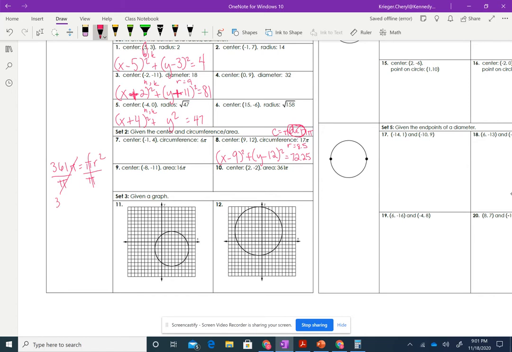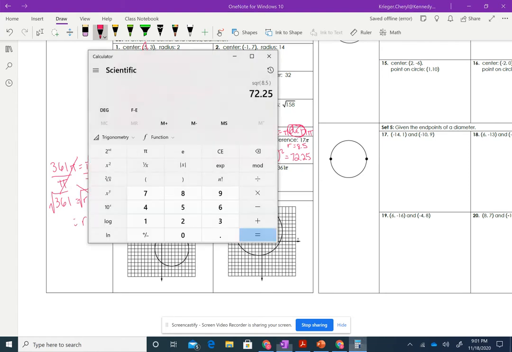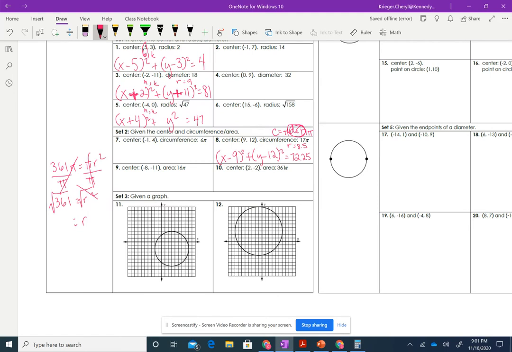I'm left with 361 = r². And then we know that to get r by itself, we take the square root of both sides. So r equals the square root of 361. I'm pretty sure that is 19, but we'll just double check. 19. r is 19.